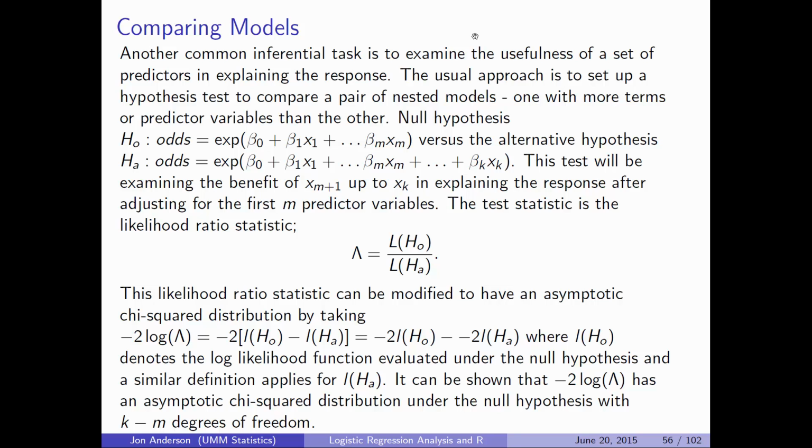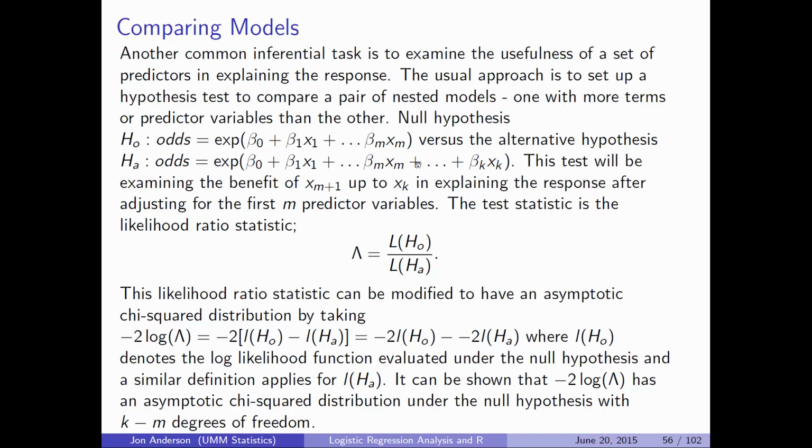What we do to compare models is we use that probability function to find out how well our model matches the data. And so what we're talking about here is a potential model in the null hypothesis that involves predictors x1 to xm, and an alternative explanation which involves those same predictors x1 to xm, but also some additional ones up to xk.